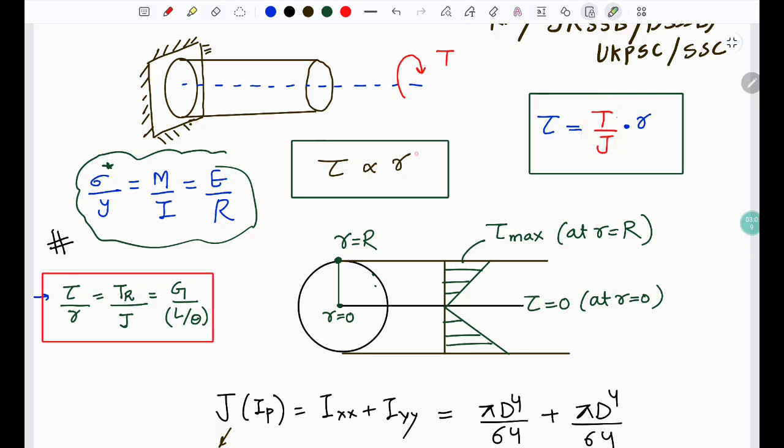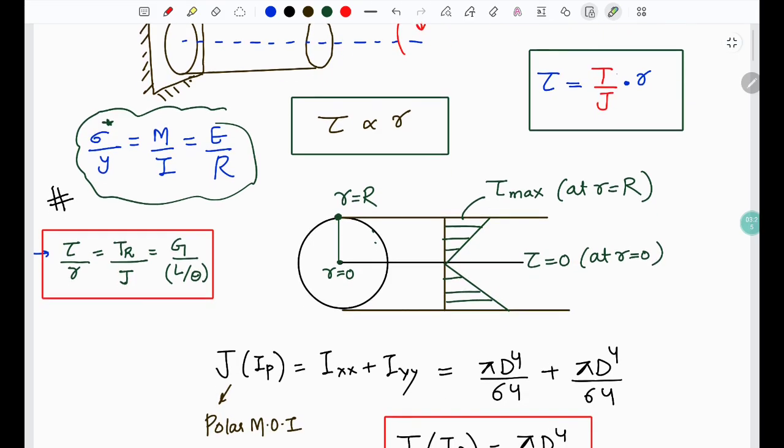That is, tau is linearly proportional to R. Hence the shear stress distribution in case of torsion is a linear graph, which is 0 at center and it is maximum at the surface of the solid shaft.